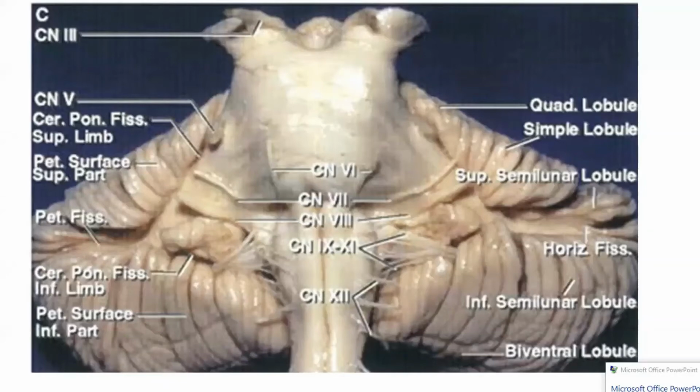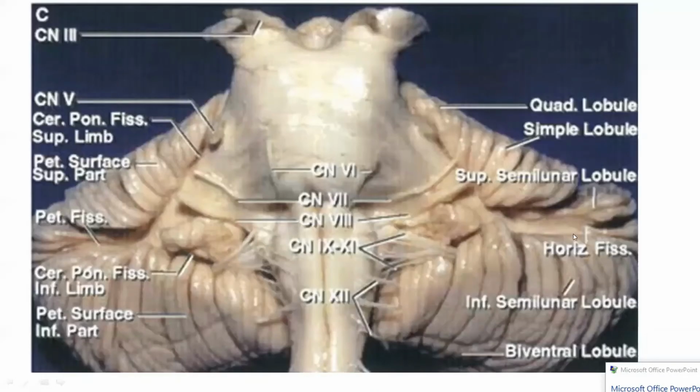Okay, sir. So this is the petrosal surface. This is the surface that faces towards the petrous part of the temporal bone. Here we see the superior semilunar lobule. This is the primary fissure of this petrosal surface, also called the horizontal fissure or the petrosal fissure. Inferiorly, you have two lobules, the inferior semilunar lobule and the biventral lobule.